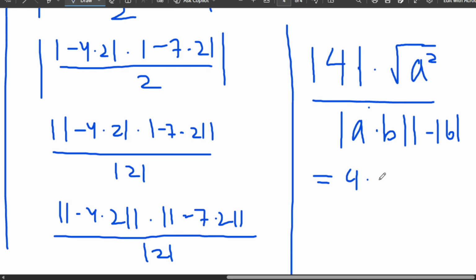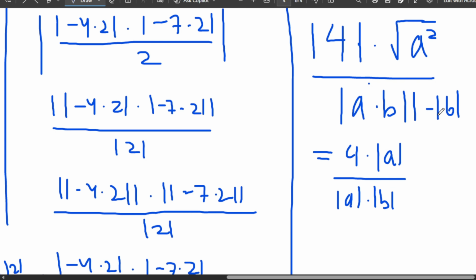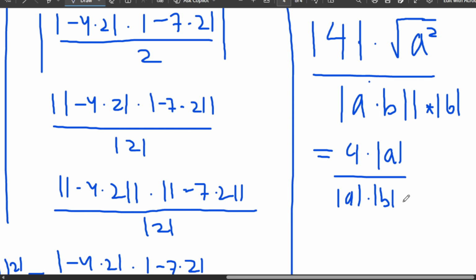So 4 times root a squared is the same thing as the absolute value of a over the absolute value of a times b, the absolute value of a times the absolute value of b, minus, this is supposed to be multiplication, times the absolute value of b.